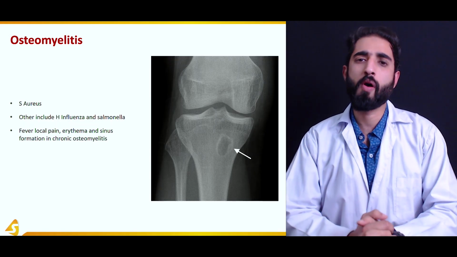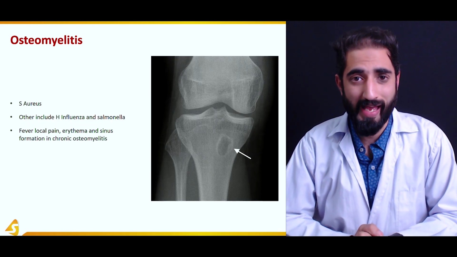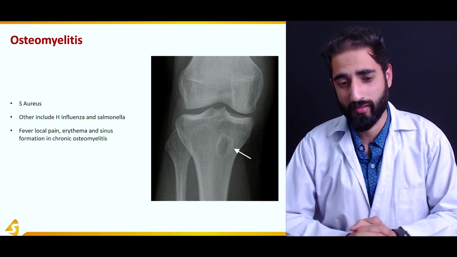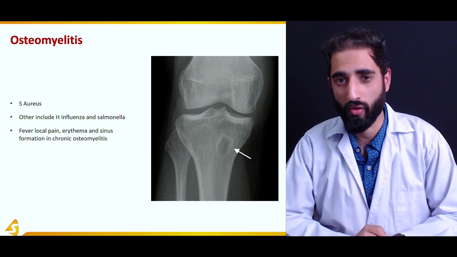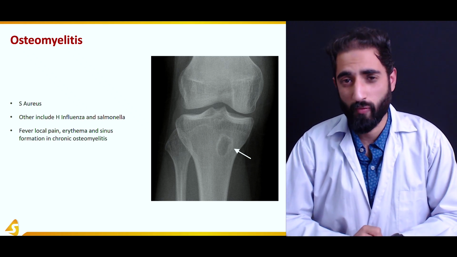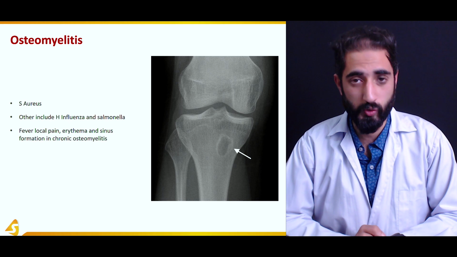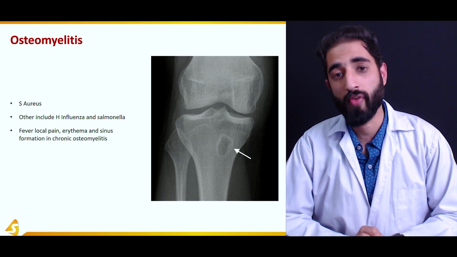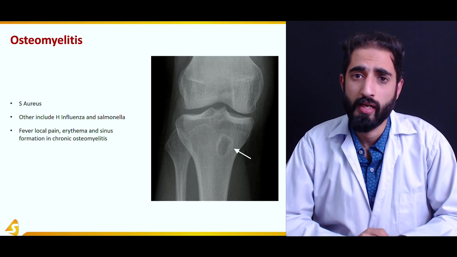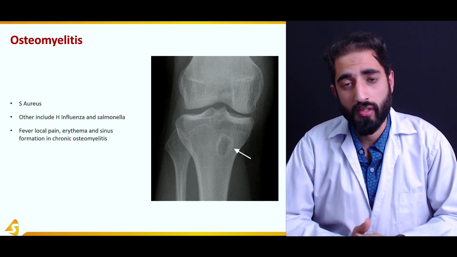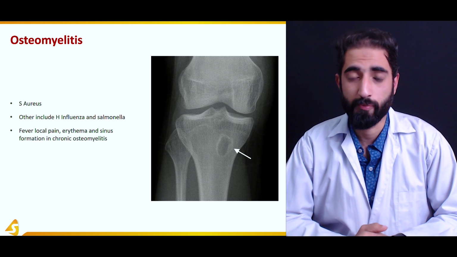So first of all, let's talk about osteomyelitis. As the name indicates, it has something to do with inflammation, and inflammation is also accompanied in conditions where there is infection. So actually, osteomyelitis is the infection of the bone. And why is it infection of the bone? Because bones are a metabolically active part of our body.